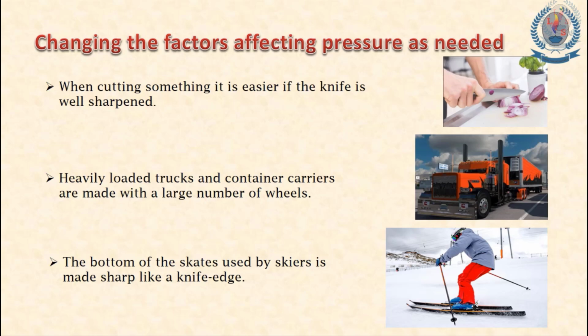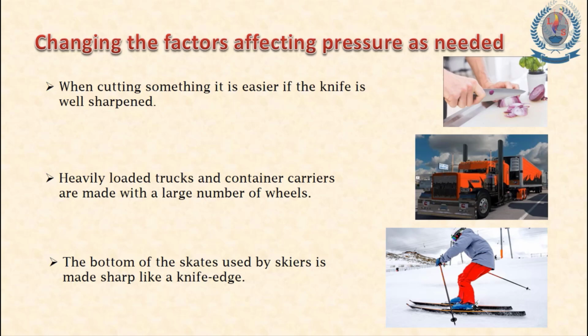Look at the second instance. You can see a heavily loaded truck. Okay, this method is applied for container carriers also. So when they are run on the roads, what happens? Easily the roads can be damaged because of their very high weight.